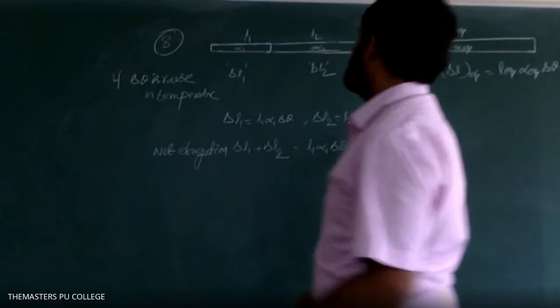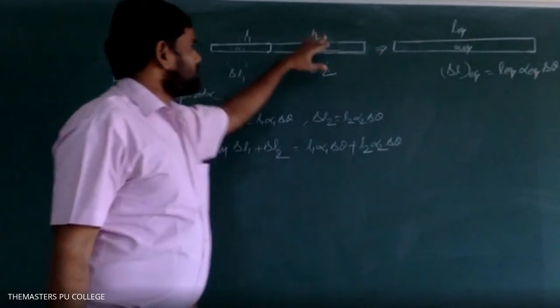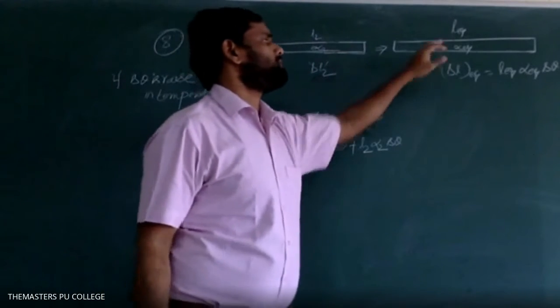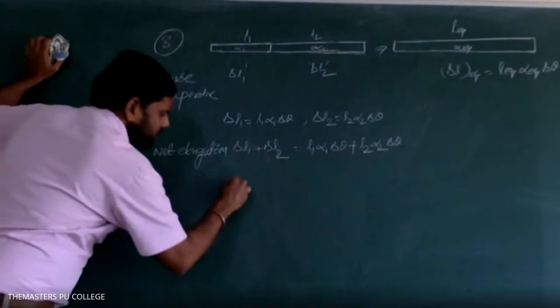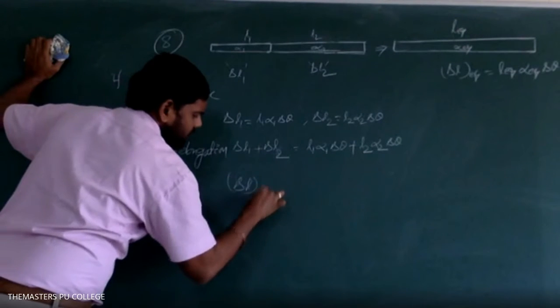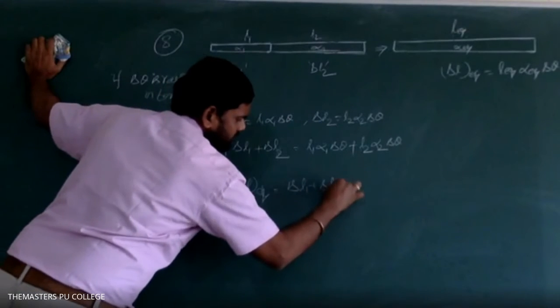So this rod replaces this combination, meaning the single rod will expand the same as the two rods together. Then according to that, the equivalent expansion delta L equivalent equals delta L1 plus delta L2.